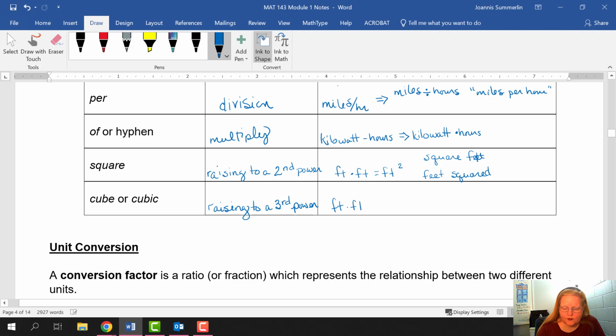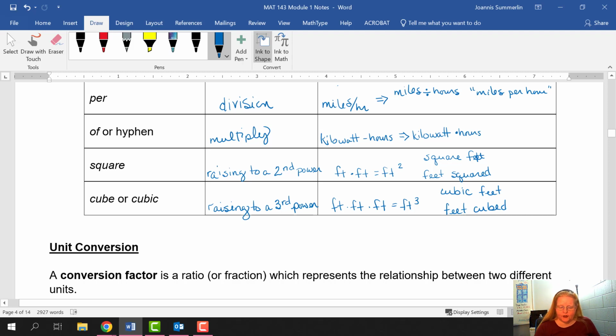Feet times feet times feet, which would be feet cubed. So you can say cubic feet or feet cubed. Either way is fine.